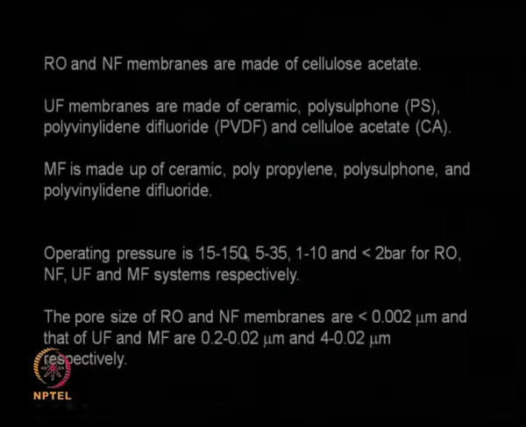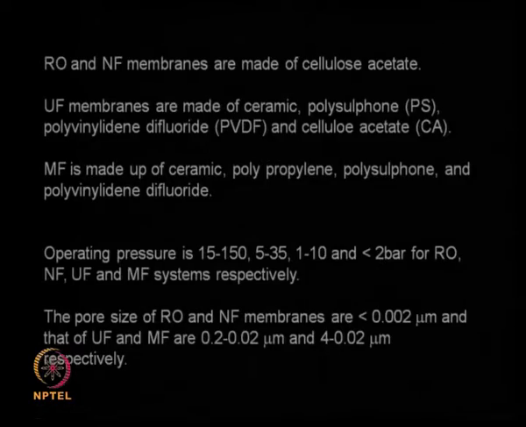Operating pressures vary quite a lot depending upon the type of process we are undertaking. Reverse osmosis, as I said, is very high pressure. If you go to nanofiltration, it may be 5 to 35 bar, that is a step less. For ultrafiltration, we are talking about 1 to 10 bar. Microfiltration is almost an atmospheric pressure system.